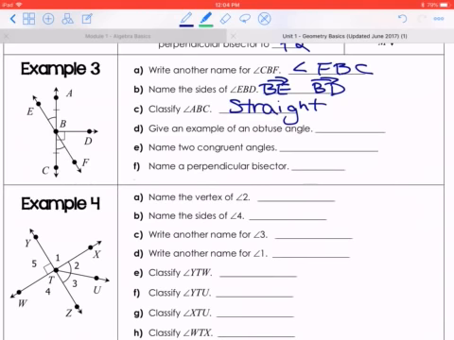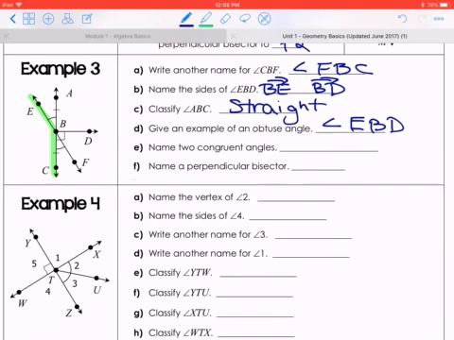So you could use EBD. That one is greater than 90 degrees. So we could say angle EBD. You could have called it DBE. That would work as well. Another one you could have said, just so you can see if you picked out a different angle, EBC is also an obtuse angle, or CBE, that would work.